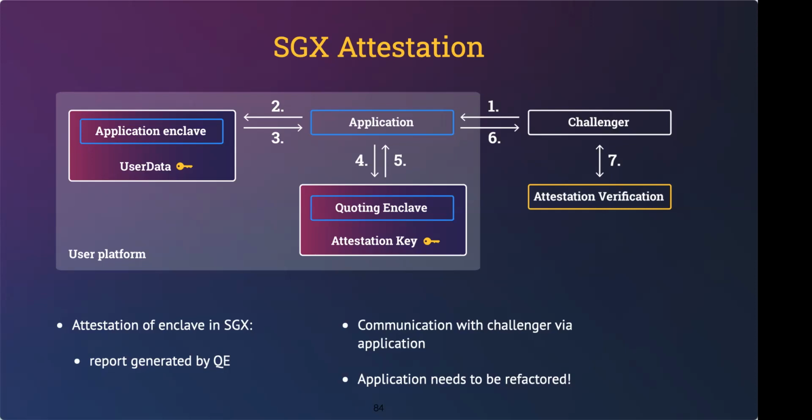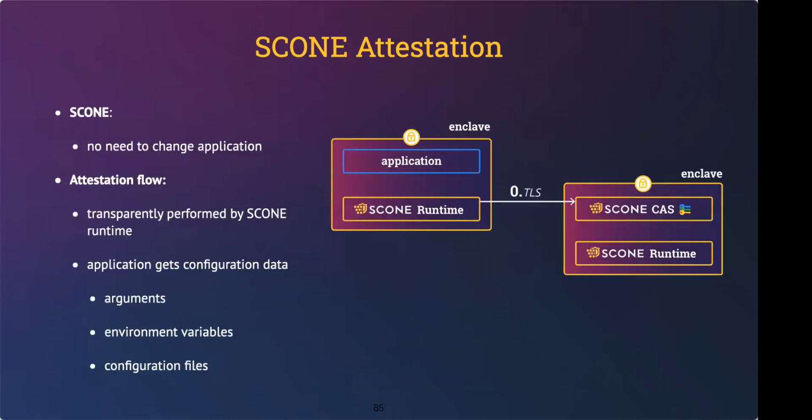And if you have to do that for each of your applications, you spend a substantial amount of time to make this work. Therefore, what our research was focusing on is how we can make that easier, that means making it transparent for the user. The user just specifies what he or she wants with the help of a policy, saying, please expect this MariaDB, verify that for me, and then give some configuration data to MariaDB, like arguments, keys, environment variables, and configuration files with keys.